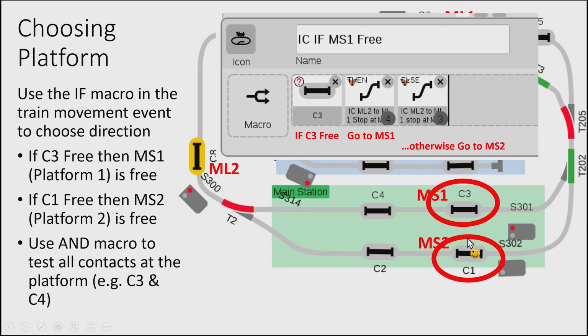Now, do remember that MS2 could also be occupied. So in this simple if statement, what will happen is if there's somebody at MS1, it will always go to MS2. Of course, you could make this more complex. But in this case, it would mean if there's a train at both, it would decide to wait for MS2. So even though MS1 leaves first, it would still wait till MS2 becomes free.